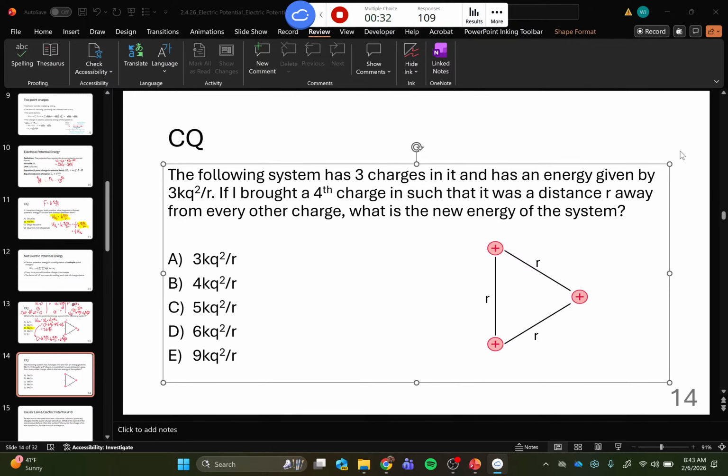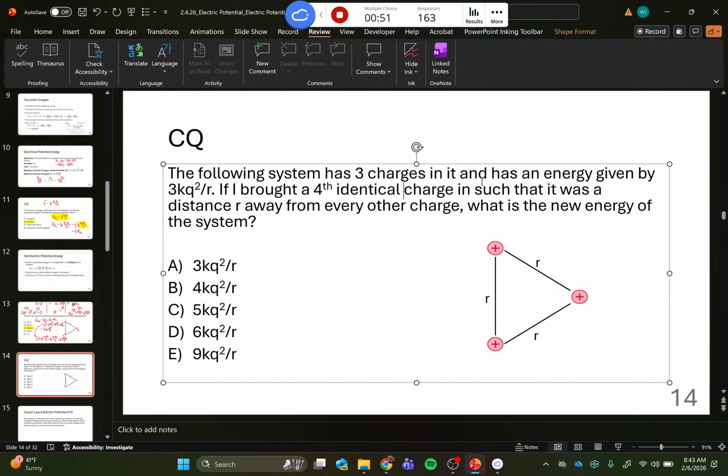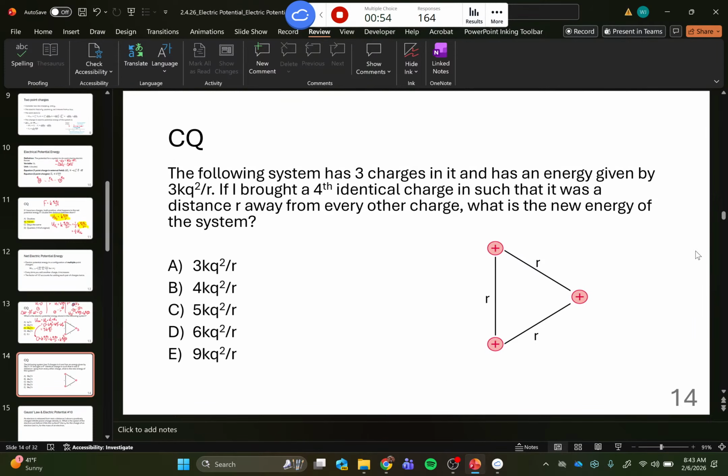I'm really glad I asked this question, let's put it that way. They're all the same value of charge. They're all Q. Yeah, that's what I mean.